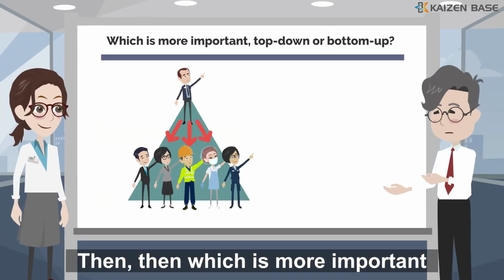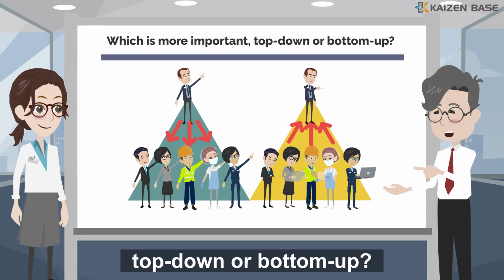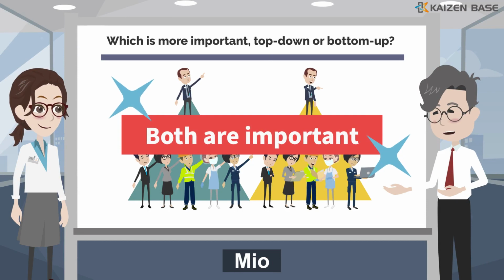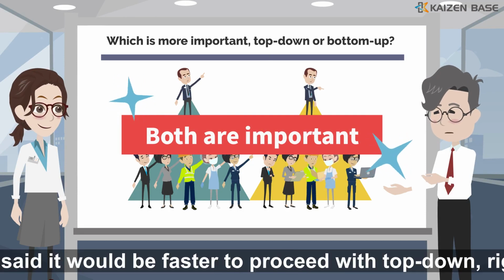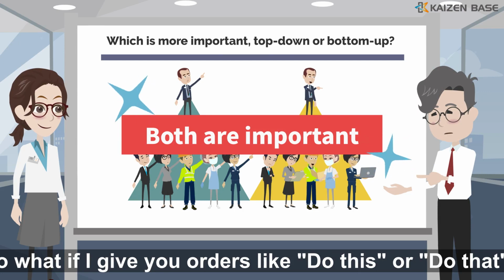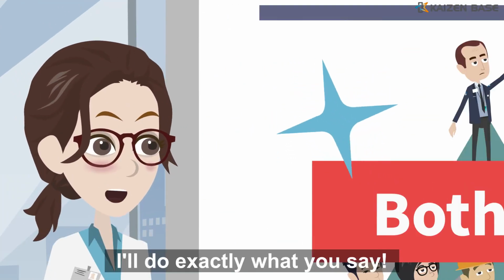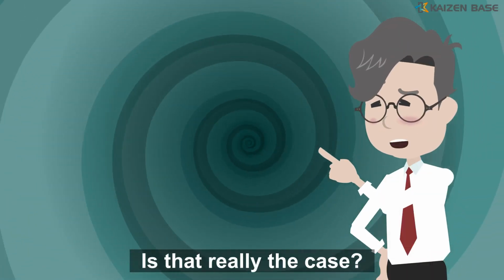Then, which is more important, top-down or bottom-up? Actually, both are important. Neil, you said it would be faster to proceed with top-down, right? So what if I give you orders like do this, or do that? I'll do exactly what you say. Is that really the case?